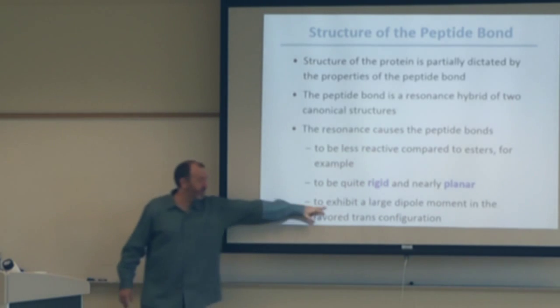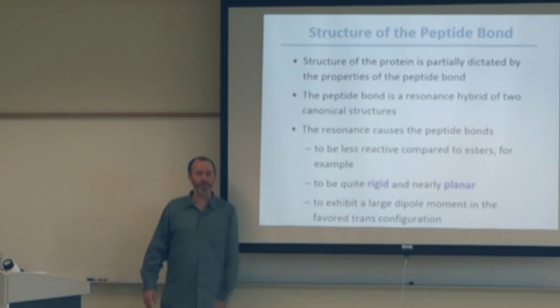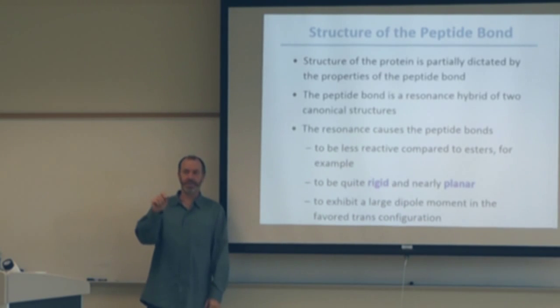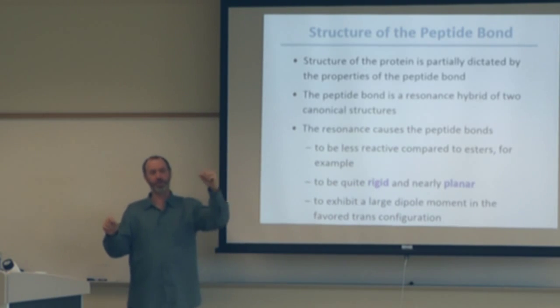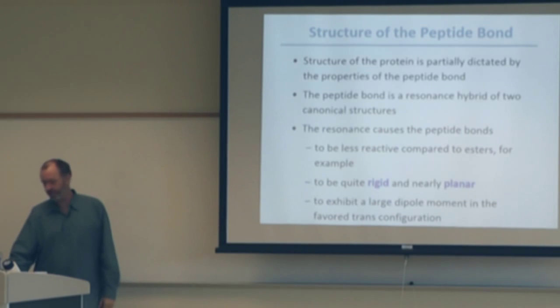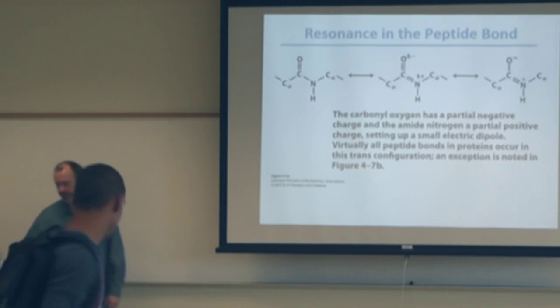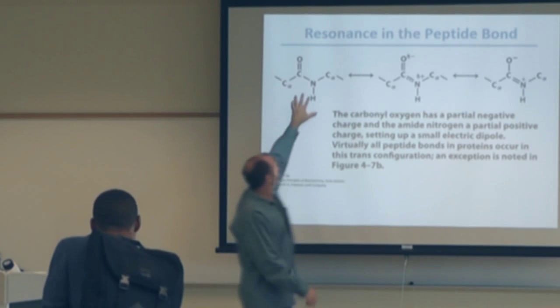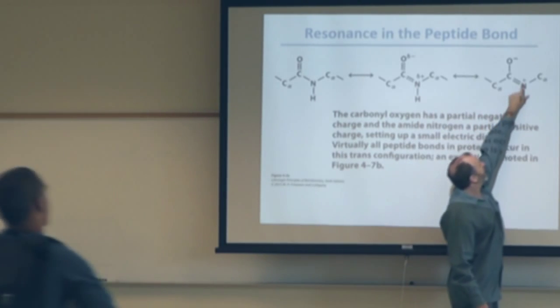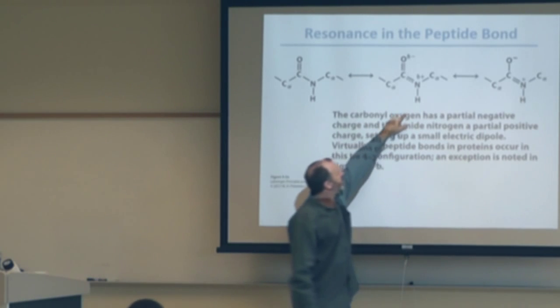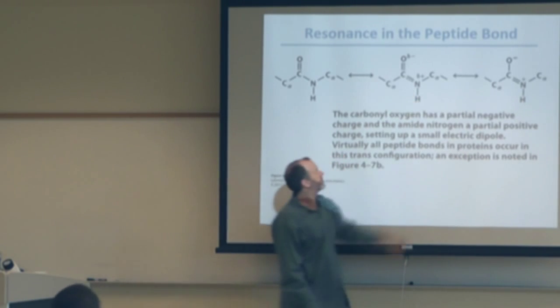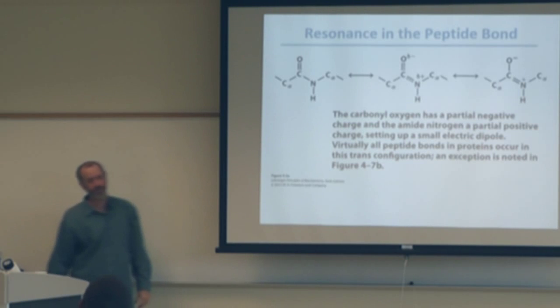It also exhibits a large dipole moment. When we draw that resonance structure, you have those charged groups. So the reality is partial charges. In one resonance form there's no charge, but in the other you have a charge on the nitrogen and oxygen. So the reality is a partial positive charge on that nitrogen and a partial negative charge on the oxygen.